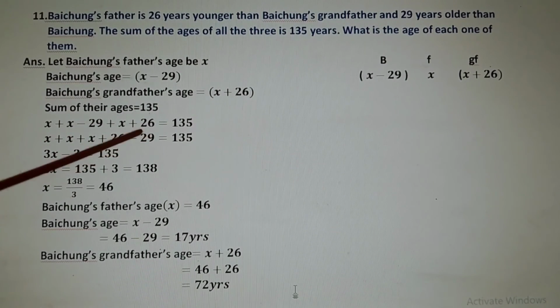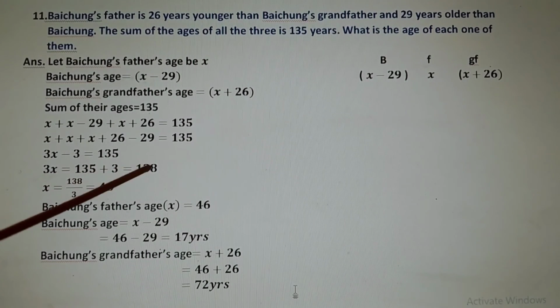That is 29 minus 26 is equal to minus 3. That is 3x minus 3 is equal to 135. Minus 3 on the left side of equal sign will become plus 3 on the right side. 3x is equal to 135 plus 3, that is equal to 138. Then left side multiplication is there, right side it will become division. x is equal to 138 by 3 is equal to 46.